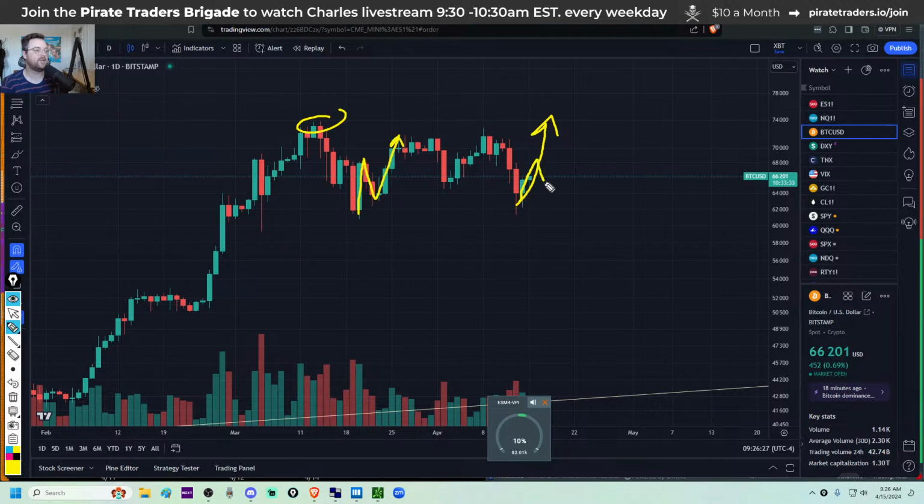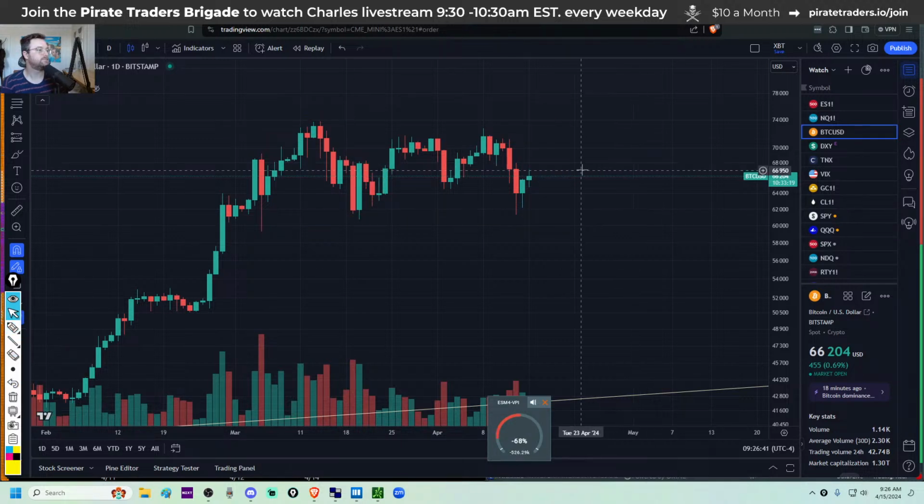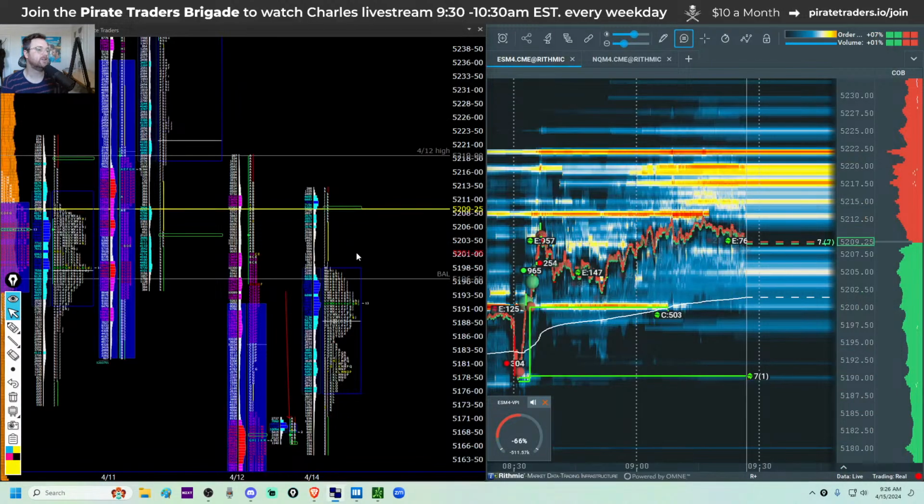We could easily get that. But to me, the fact that they're defending tells me they want to head up and test 71, 72. Squeeze the weak hands, bring the strong hands, change momentum and flip it like that.